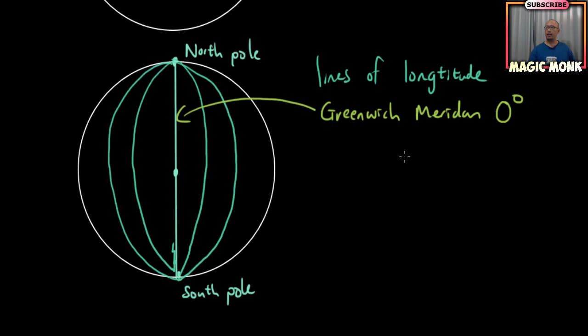Okay, and it can go east or west again. To the east, we can go all the way to 180 east. So let's put in multiples of 30, 60, 90.